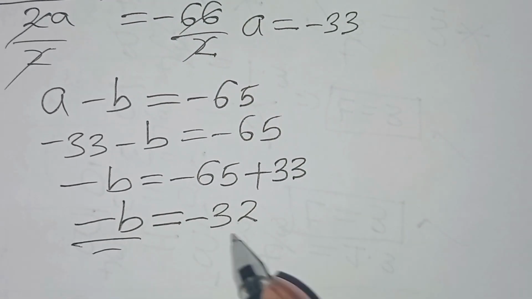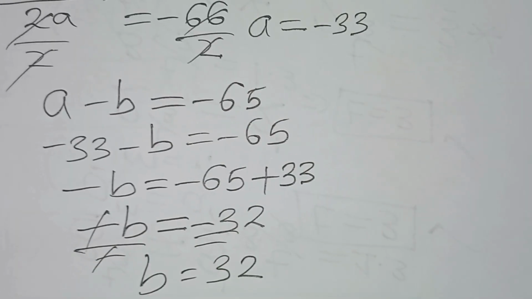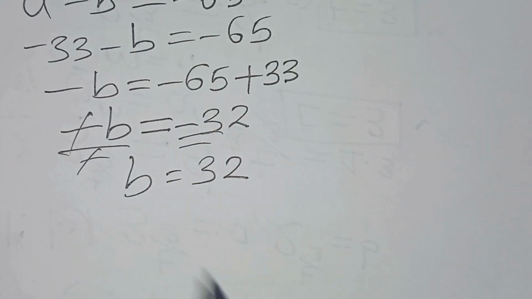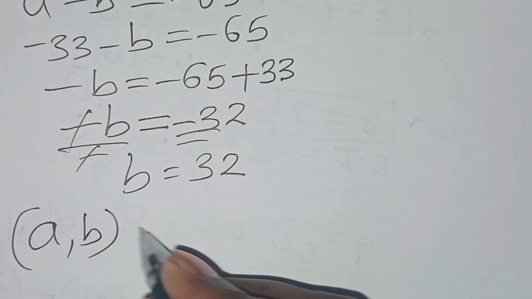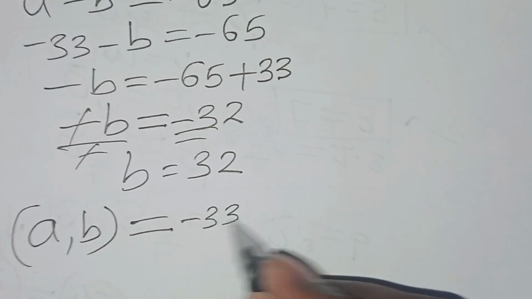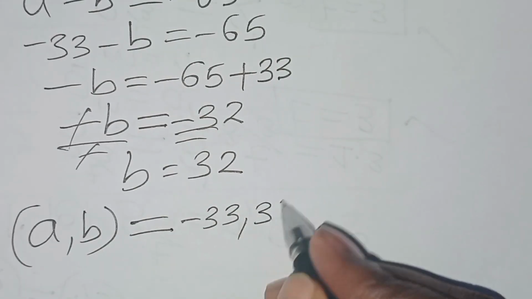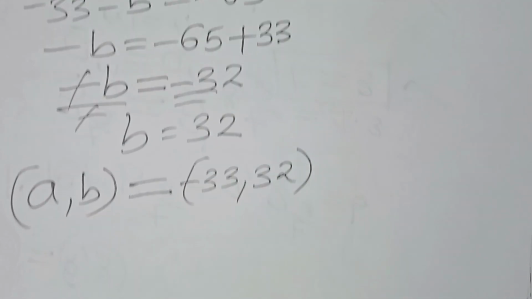Let's divide both sides by negative, so that B is equal to 32. So we have A, comma, B equal to A is minus 33 and B is 32. So this is the second set of solution.